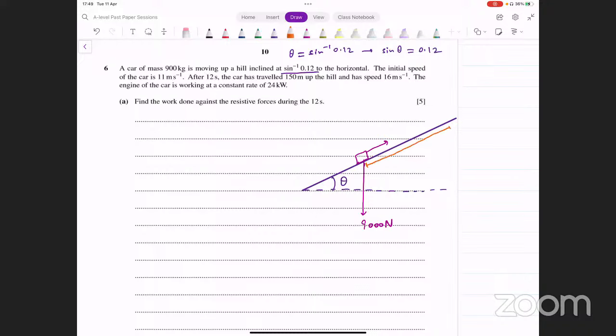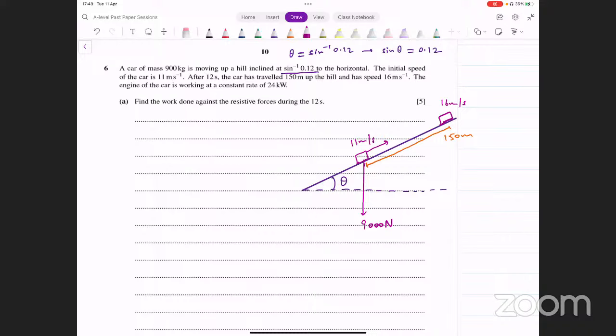This distance was 150 meters, such that it reached this point. And at that point, what was its speed? 16 meters per second. And initially what was its speed? 11 meters per second. So we know the initial speed and the final speed, this information we know.